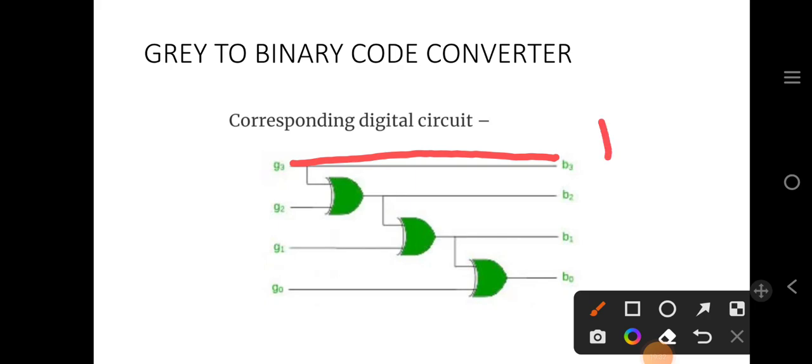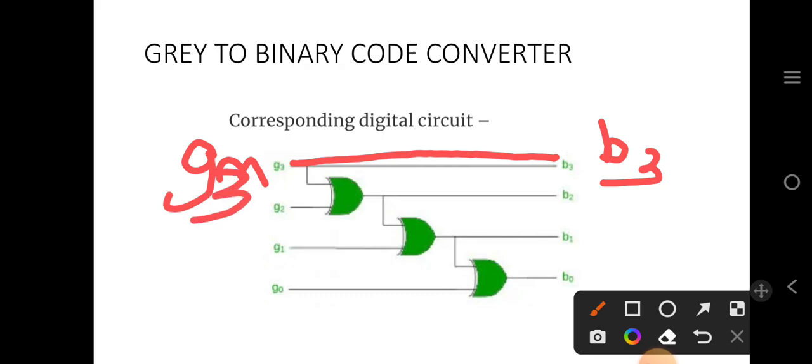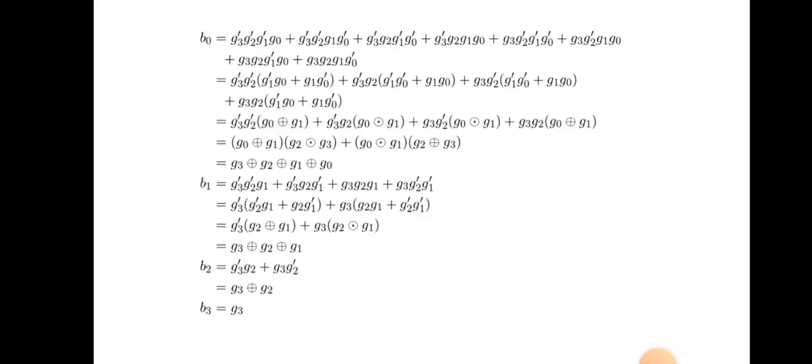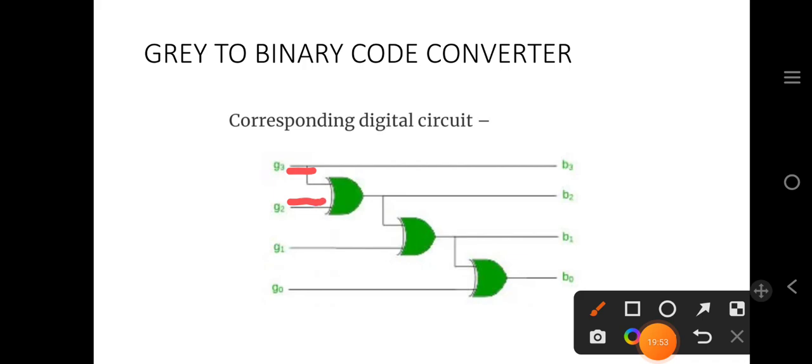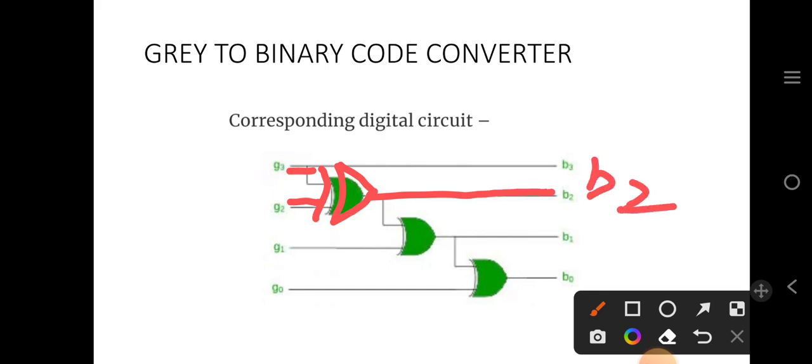Now B2 is G3 XOR G2. So G3 is here and G2 is here, and there is a XOR gate in between. So take the XOR gate and the output is taken as B2.